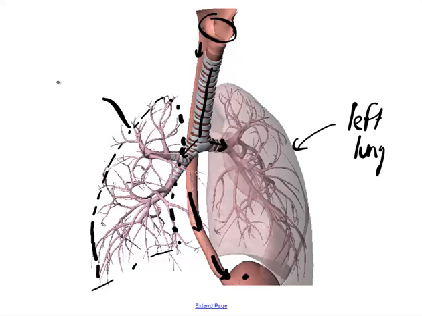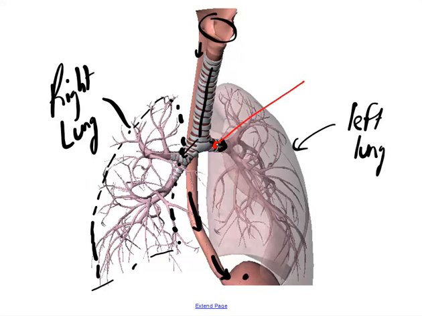This is just showing you a different thing, which we'll talk about in a minute. These main branches right here are called the bronchus, and two bronchi, so we get two of them, the main branches.